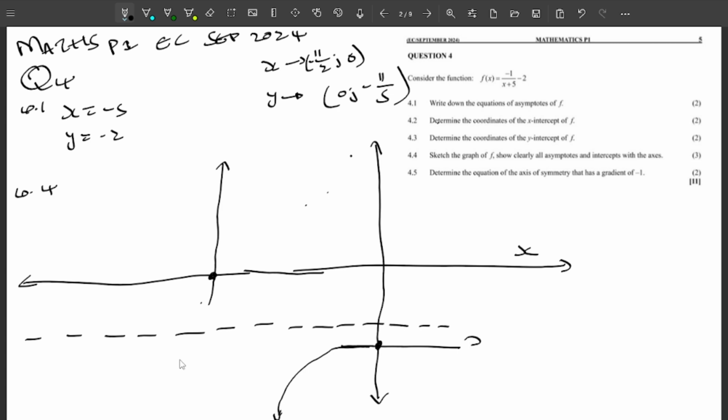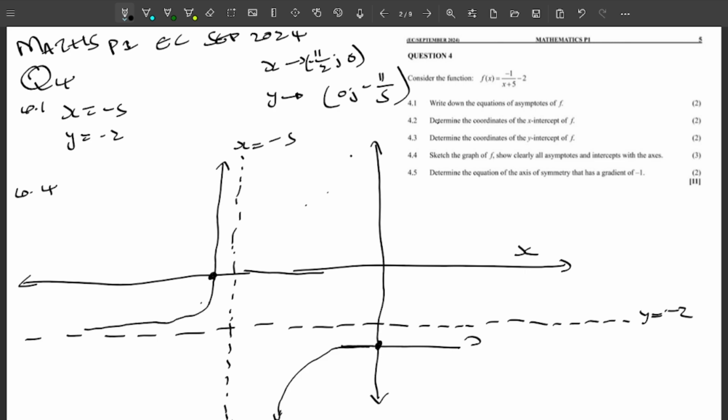This is here, it is 2, and then here it's minus 5, then y is equal to minus 2, and remember that it doesn't touch it, it just gets closer and closer, right?